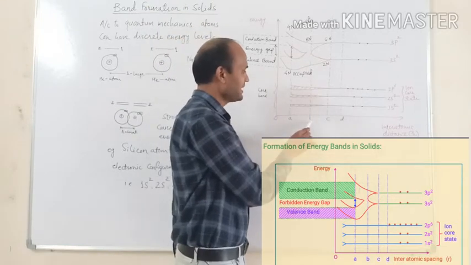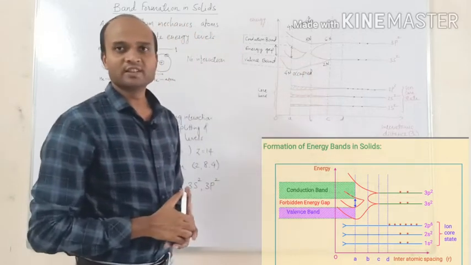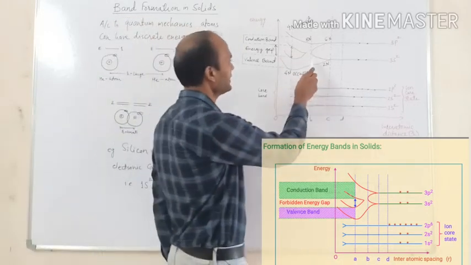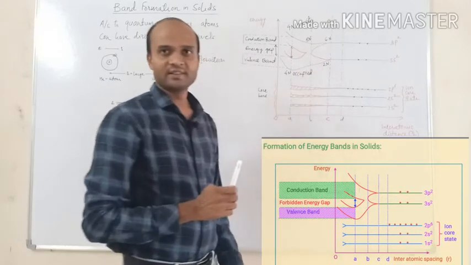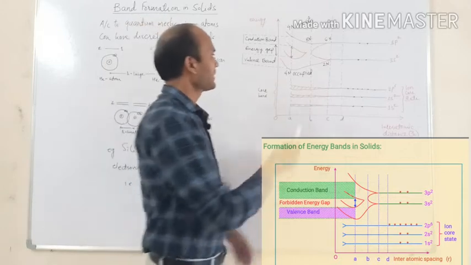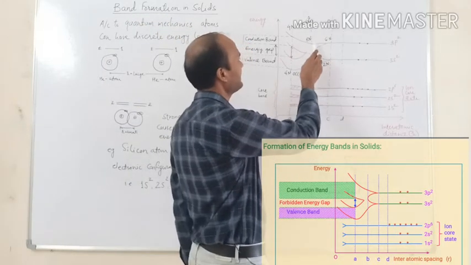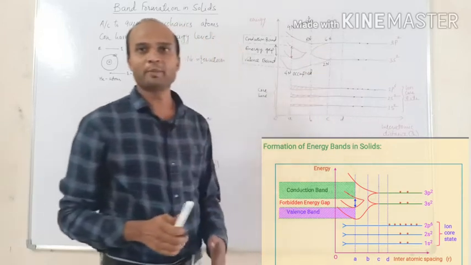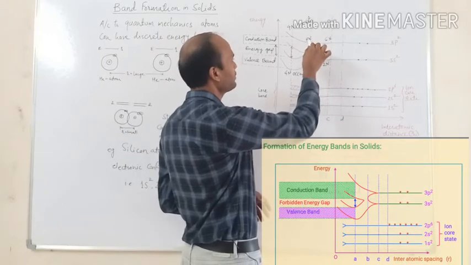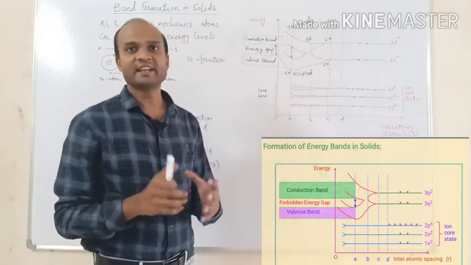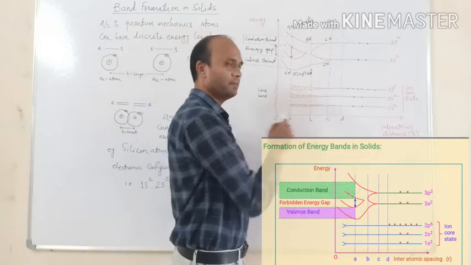Now, as soon as we reach point B, because of the splitting, these two energy levels are mixed together, and therefore the 2n states of the 3s orbital and the 6n states of the 3p orbitals combine together, and in this region there will be a total of 8n states. 8n states are available at point B.